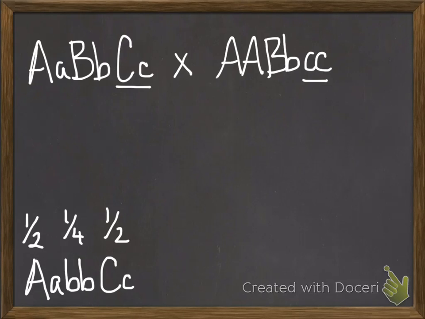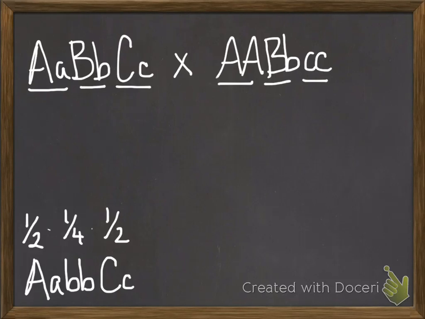So you remember from the law of independent assortment that these genes segregate independently from one another. So their probabilities are also considered independent of one another.